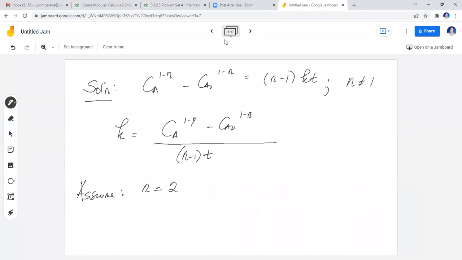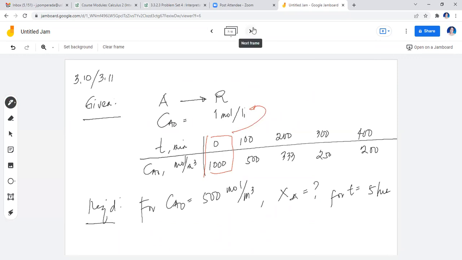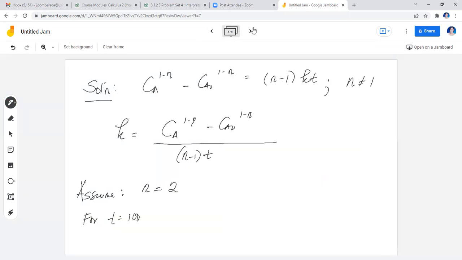So here for t equal to 100 minutes and CA equal to 500 mole per cubic meter, we'll solve for the k.